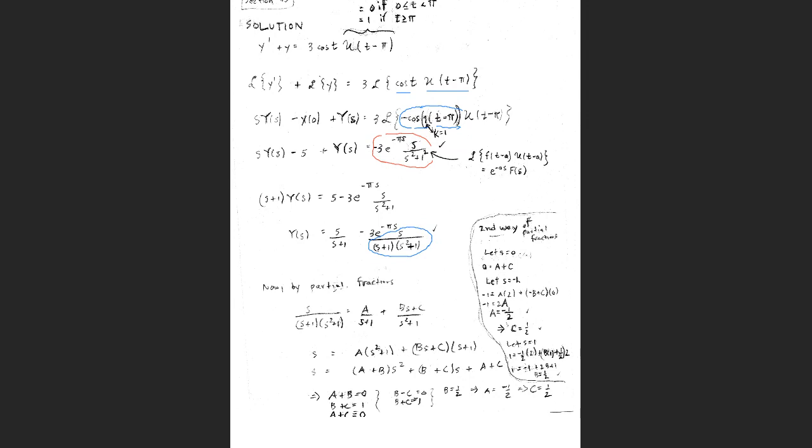Professor, how did you get negative 1 up here? Well, I said to myself, how can I write the cosine of t as a cosine of t minus pi? I have to put a negative in front of it so that the two functions are equal.